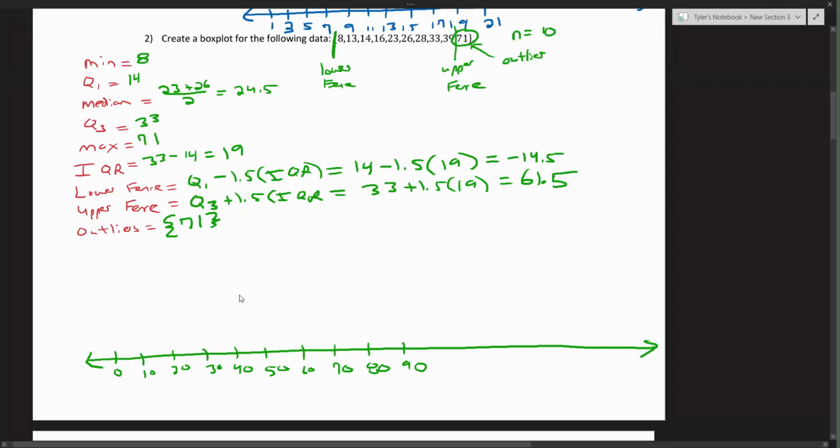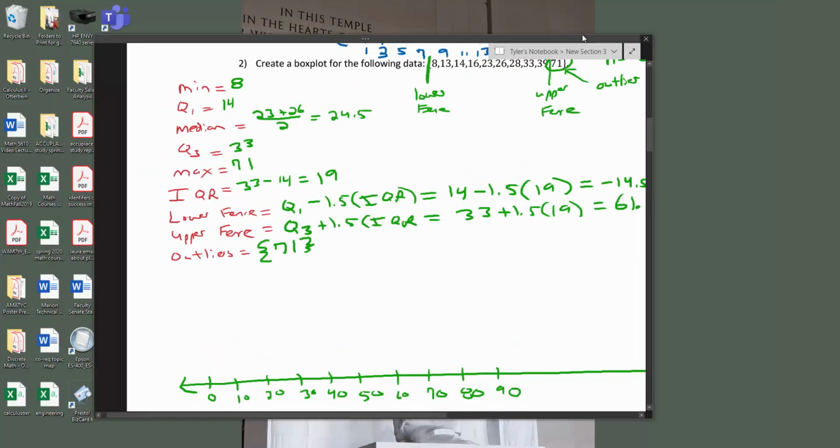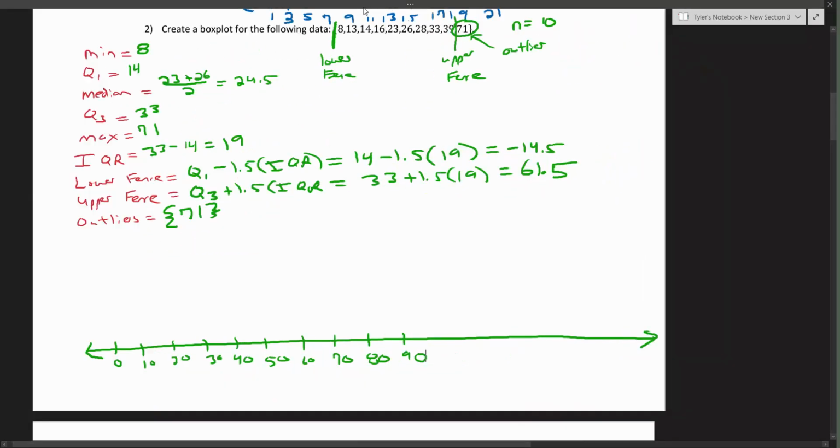Now I'm going to draw a line where the median is, so 24.5, roughly here. Then Q1 is 14, so draw a line there. And then 33, we'll draw a line there.